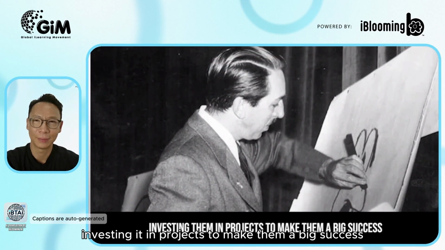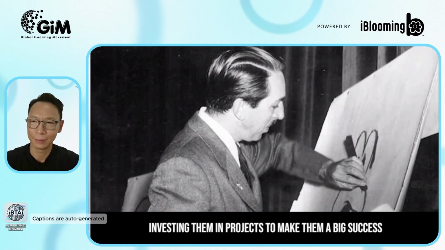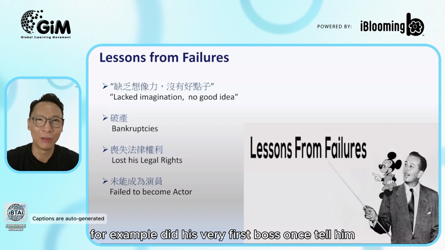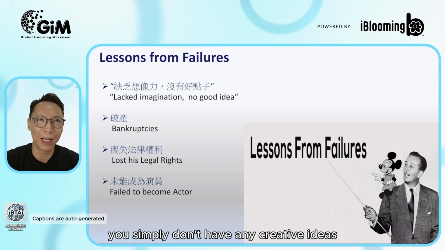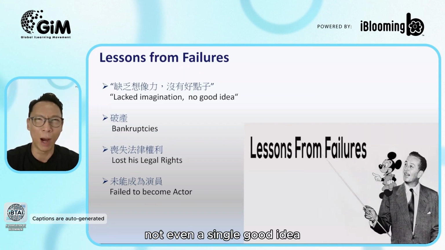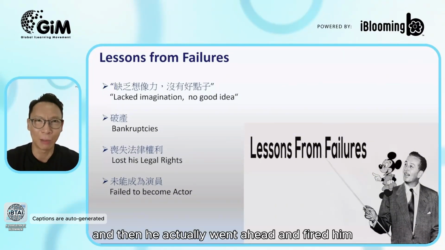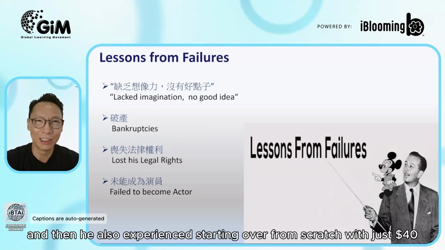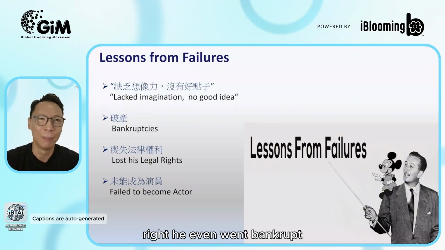For example, didn't his very first boss once tell him, "You simply don't have any creative ideas, not even a single good idea"? And then he actually went ahead and fired him. And then he also experienced starting over from scratch with just $40, right? He even went bankrupt.